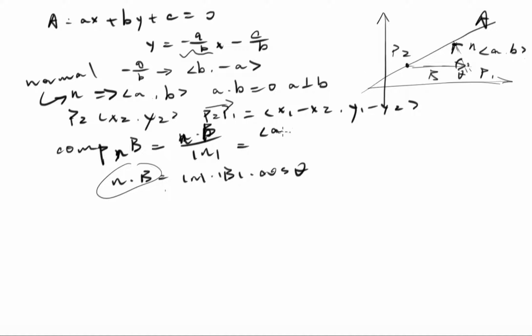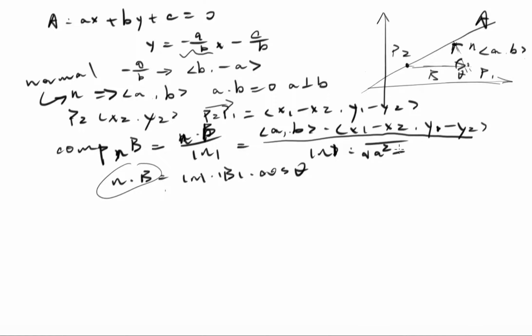It's (a, b) dot (x1 minus x2, y1 minus y2) over the length of n, which is just the square root of a squared plus b squared.